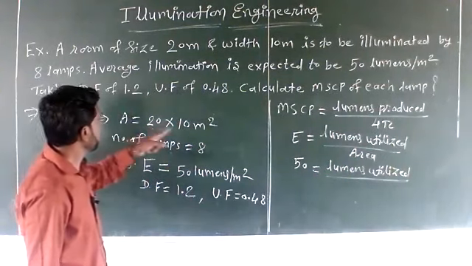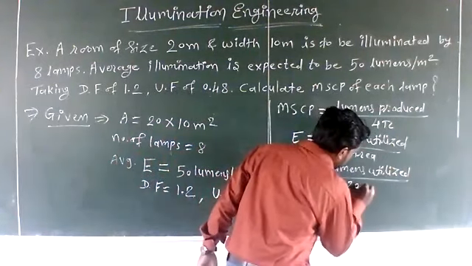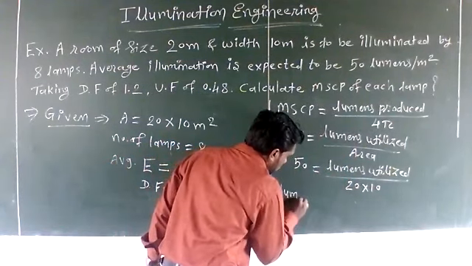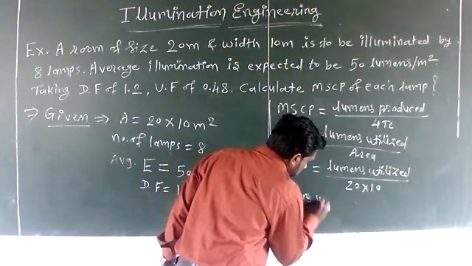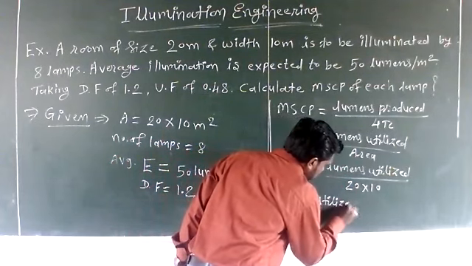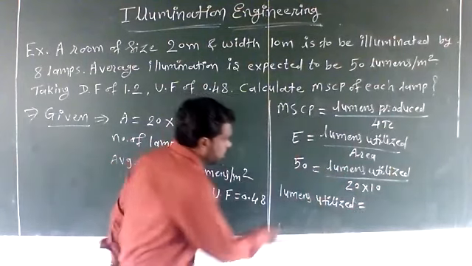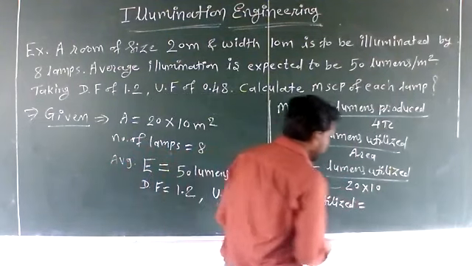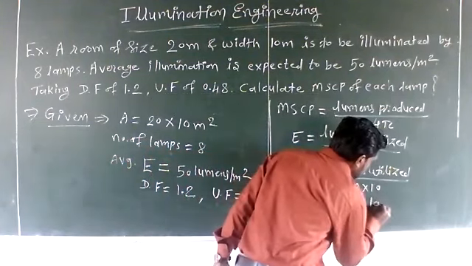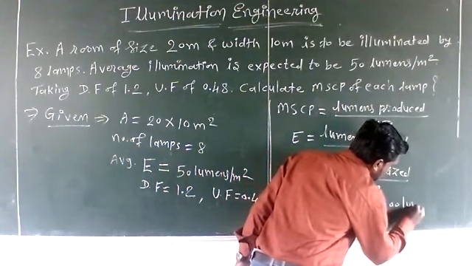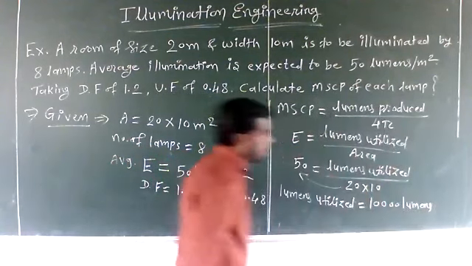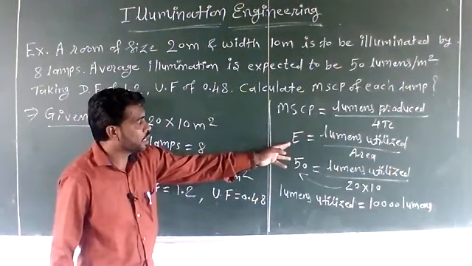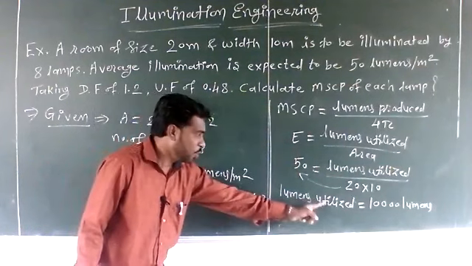Area is given, 20 into 10. So solve this. So lumens utilized is equal to, multiply this value, that means 50 into 20 into 10. So we get 10,000. And unit of lumen utilized is lumens. So from the formula of illumination, we get the value of lumen utilized.